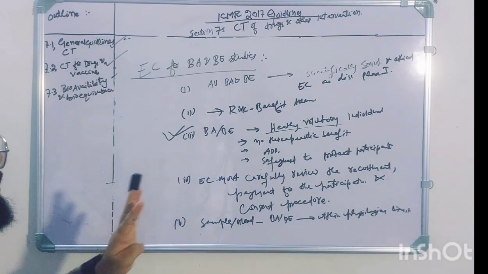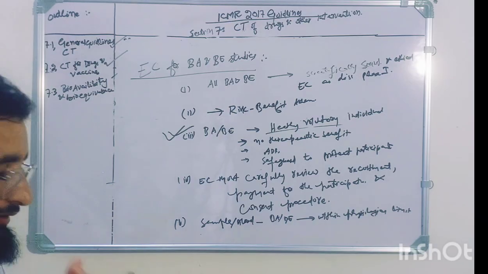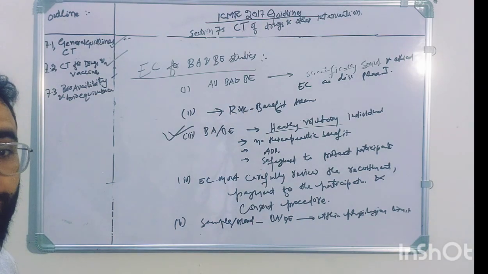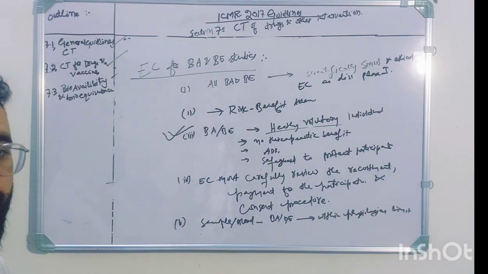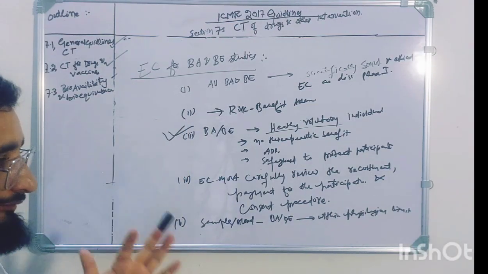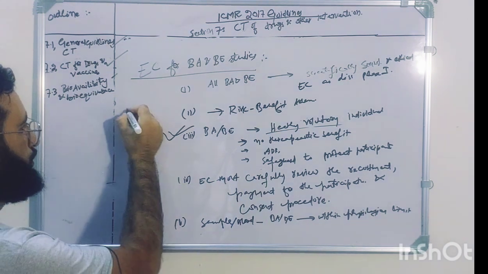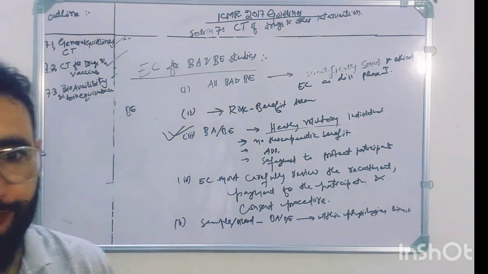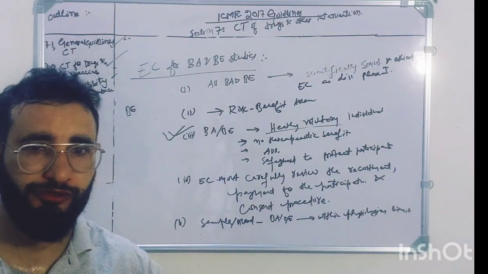First, you should know what bioavailability is. Bioavailability is the rate and extent of a drug that reaches the systemic circulation. Bioequivalence is a comparative study which compares the bioavailability of different formulations containing the same active ingredient.